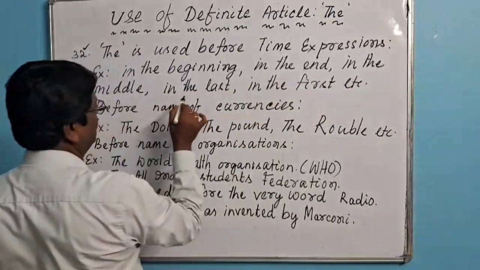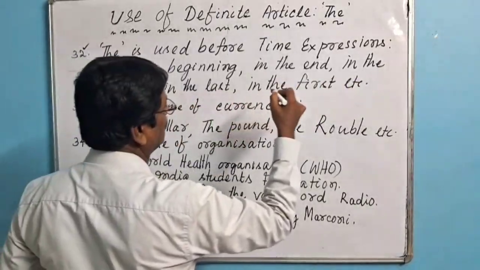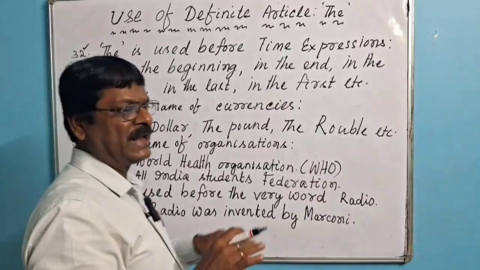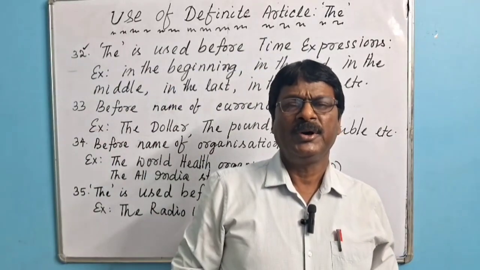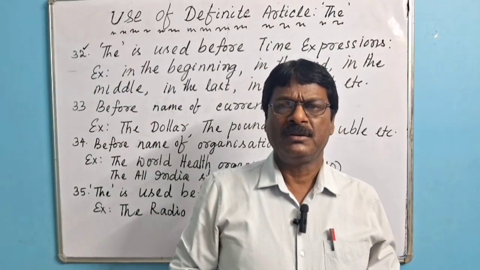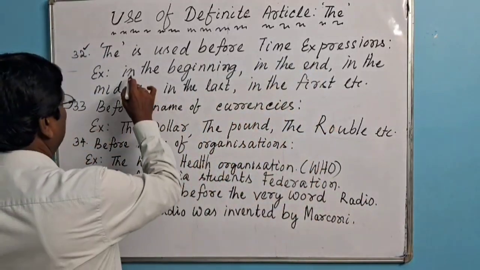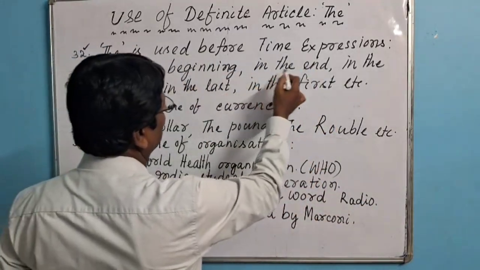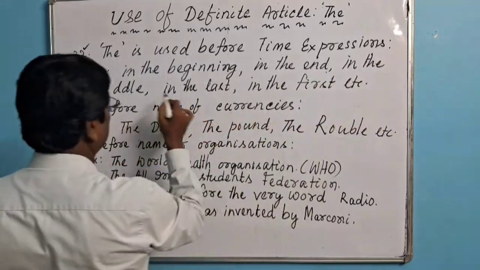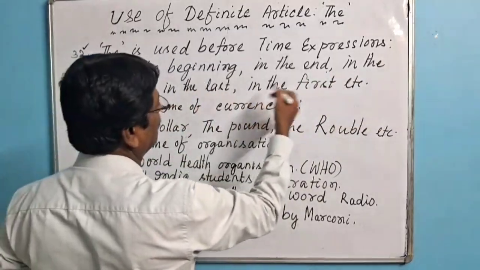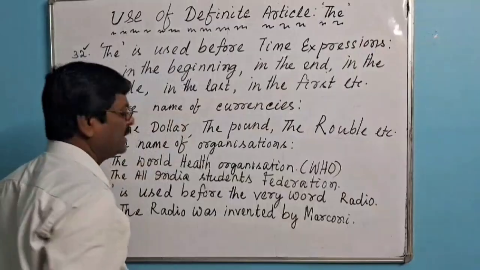The middle is a time expression. The last, the first, these are the time expressions. So before the time expression, the definite article the is used. For example, in the beginning, in the end, in the middle, in the last, in the first, etc.